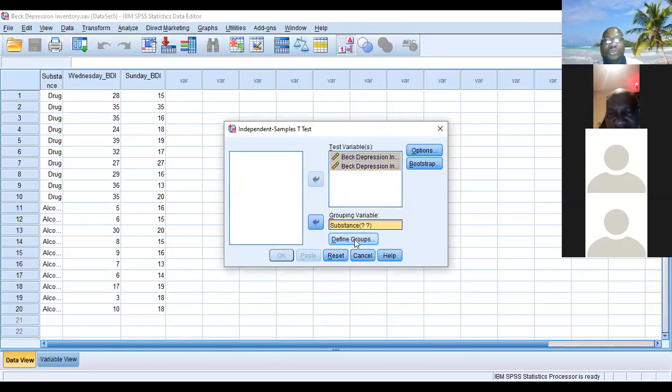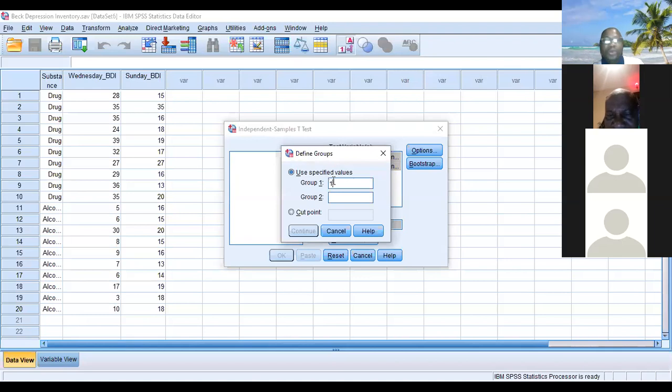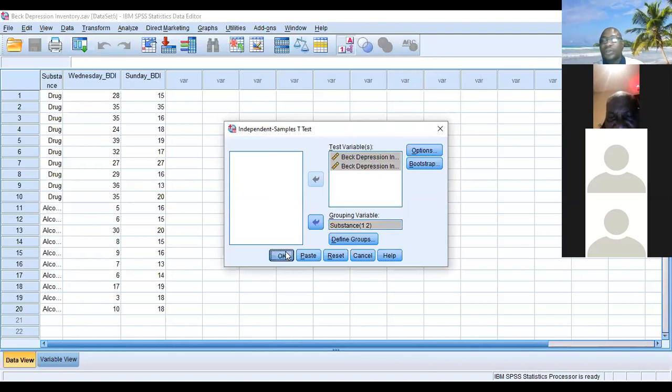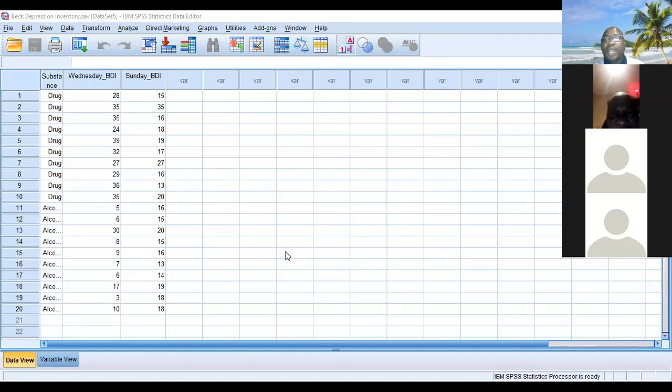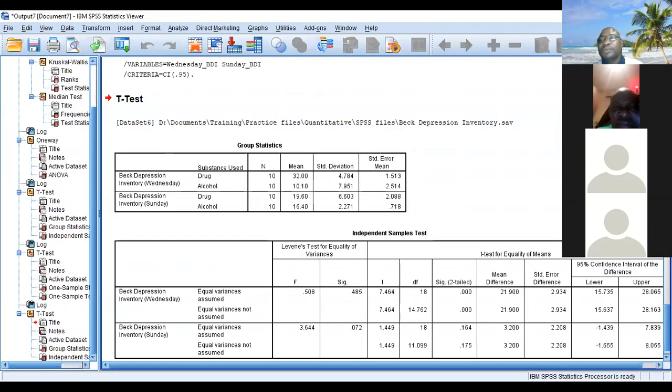Substance use, drug. The 2 is alcohol. So let me share the output. Can you see the output now? I have shared the output.